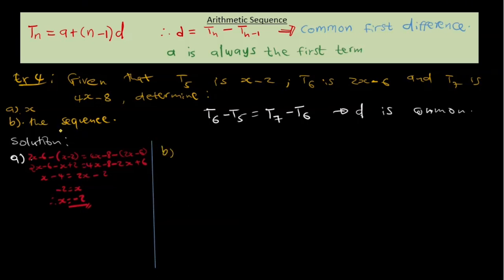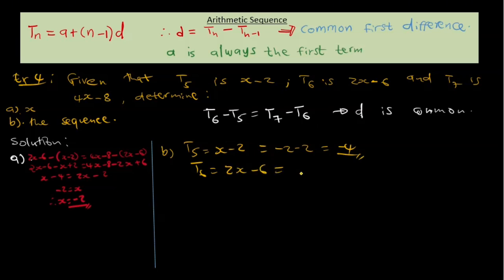Let's tackle the second part of the question. So remember, T5 equals x minus 2. Now we know the value of x is minus 2, so minus 2 minus 2, which is minus 4. T6 is equal to 2x minus 6.